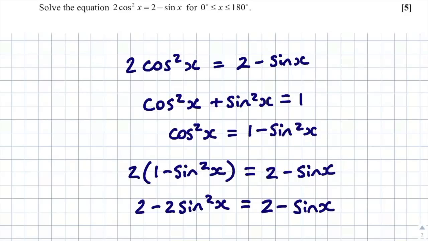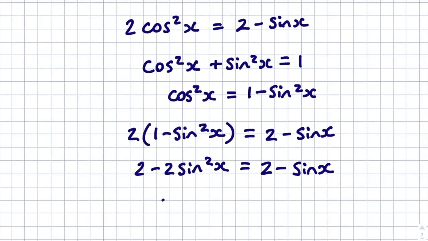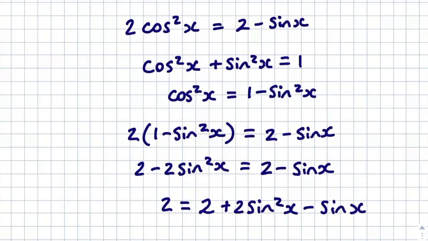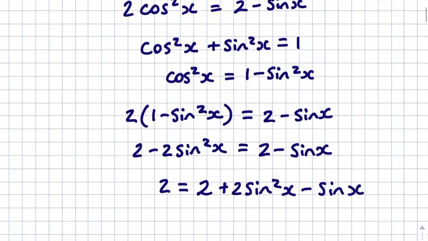Now I need to bring all of my terms over to one side. So I'm going to move minus 2 sine squared x over to the right hand side. So I'm going to get 2 equals 2 plus 2 sine squared x minus sine x. And now I can just subtract 2 from both sides to get rid of that 2.